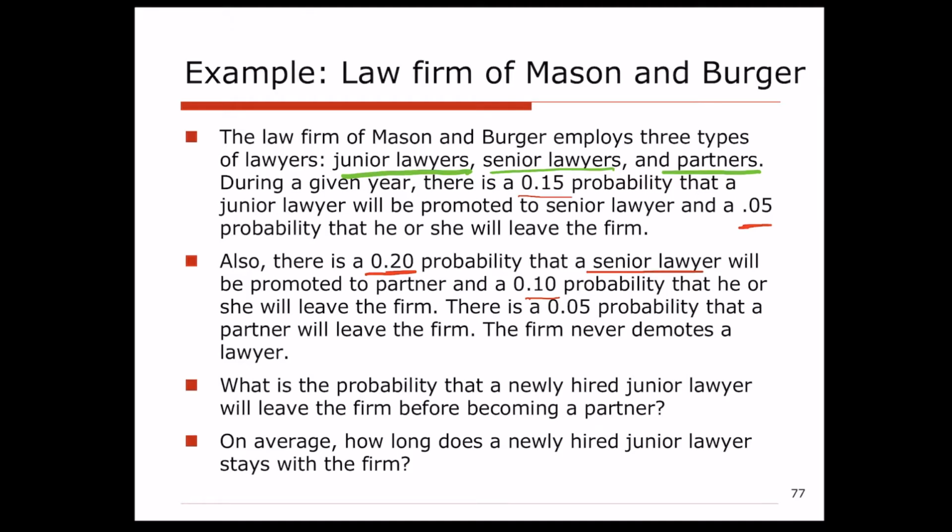We assume that in this company they are not going to be demoted. So if we have a senior lawyer, the person is not going to go back to junior lawyer state at all. So the person is either going to be promoted upward, get to the partner, or just leaves the company. Also, there is a 5% chance that the partner will leave the company.